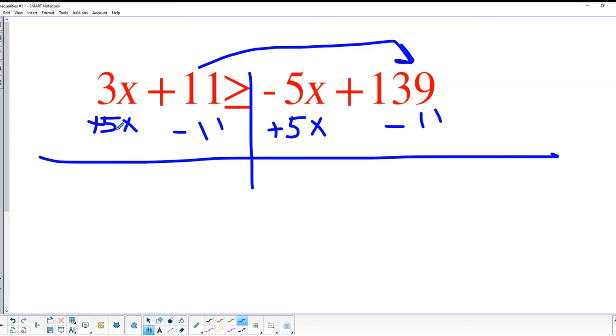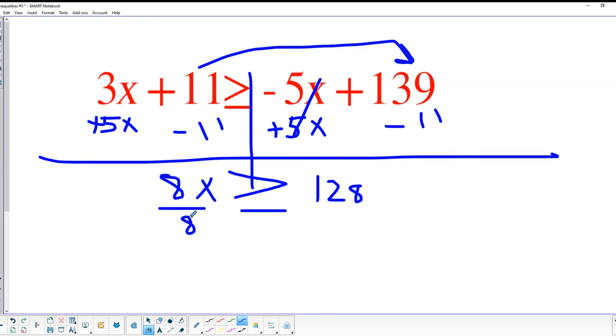So 3x plus 5x is 8x is greater than or equal to, those cancel, 139 minus 11 is equal to 128.